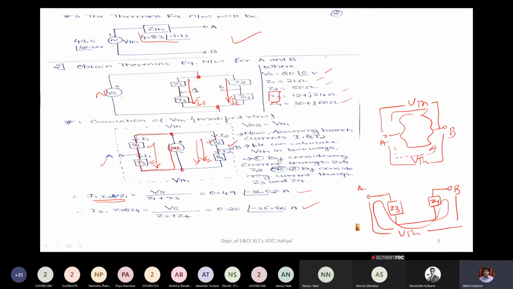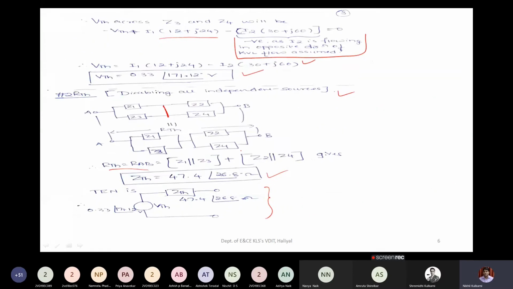So if you consider points A and B, we are traversing like this from B to Z3, then back to B. While this current I2 will be in the opposite direction, you are going in the opposite direction, hence that will be minus. If you put plus, then the entire answer will be wrong.